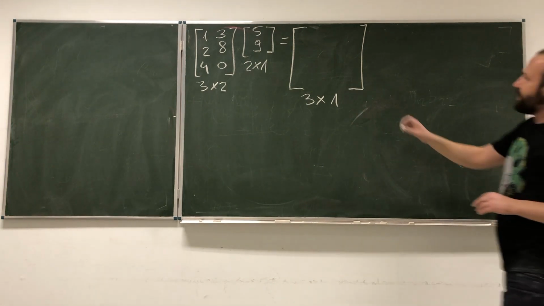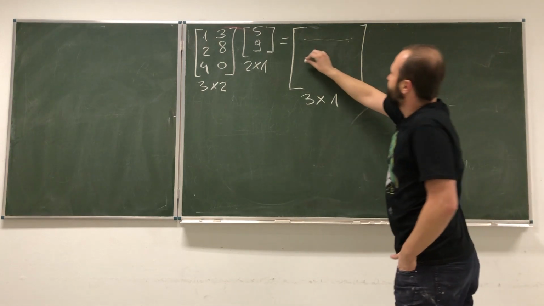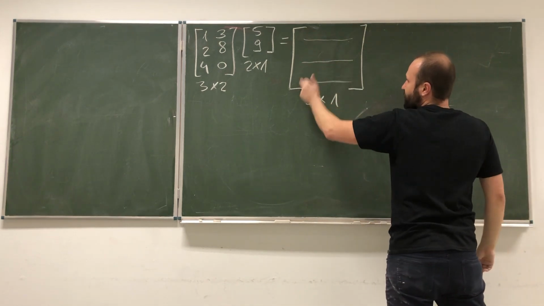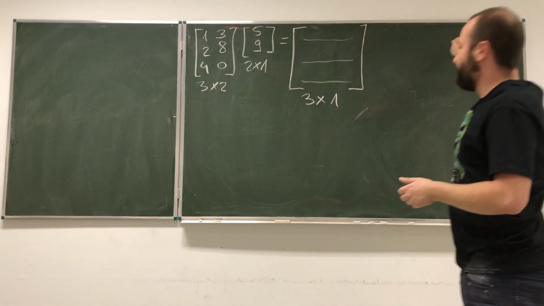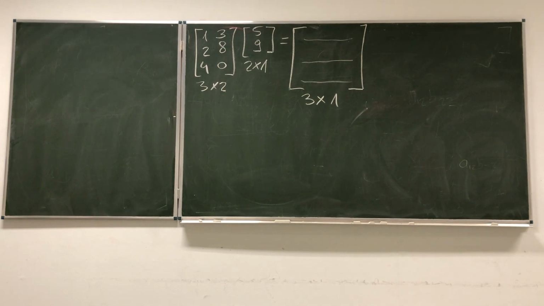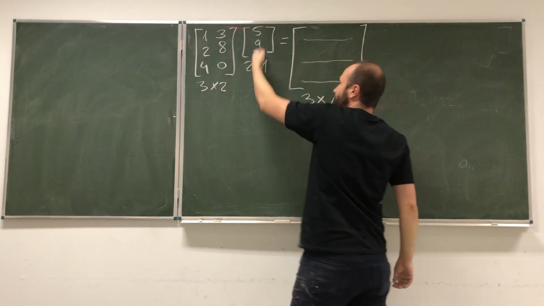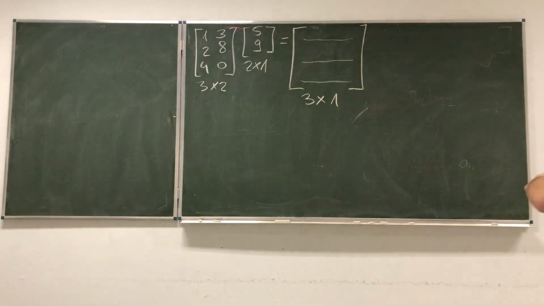Look, this first element we want to calculate over here. This new matrix has 3 rows, 1 column. We want an element that lies in the first row and the first column. What do we do? We take the first row from the first matrix, and multiply it by the first column from the second matrix.